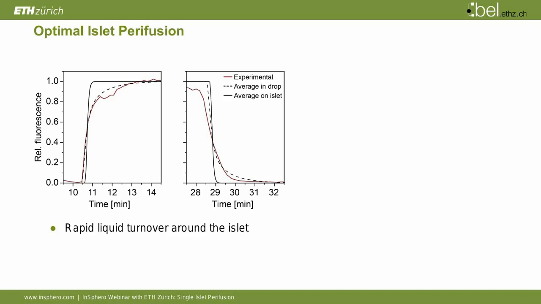And you can see that to replace the media in our hanging drop device, we need roughly 2.5 to 3 minutes for a complete washout. Now, however, when we look at what happens around the islet, which is located at the liquid air interface, which is the solid line, we see that the media switch already happens within 13 seconds. So we have a very fast and rapid liquid turnover around the islets.